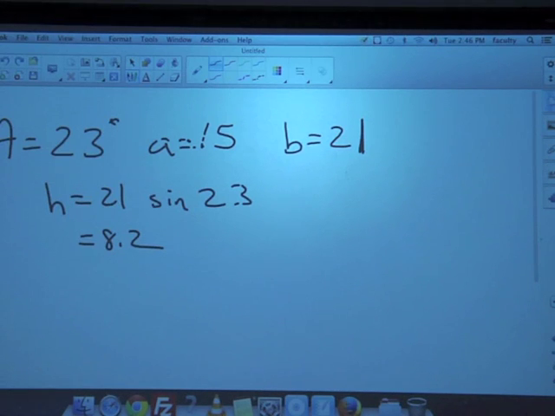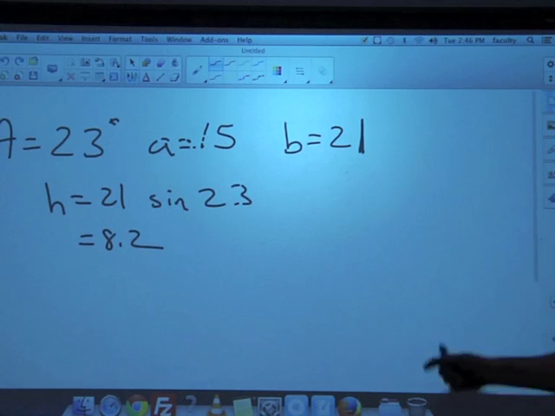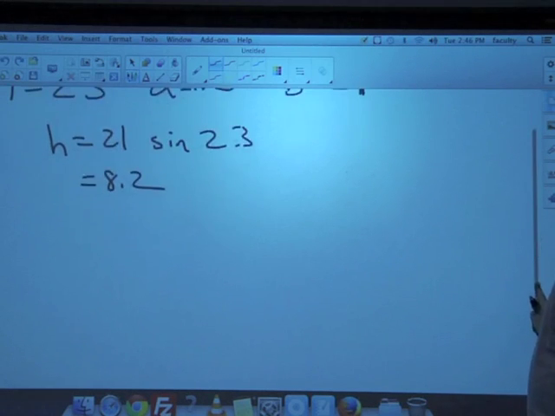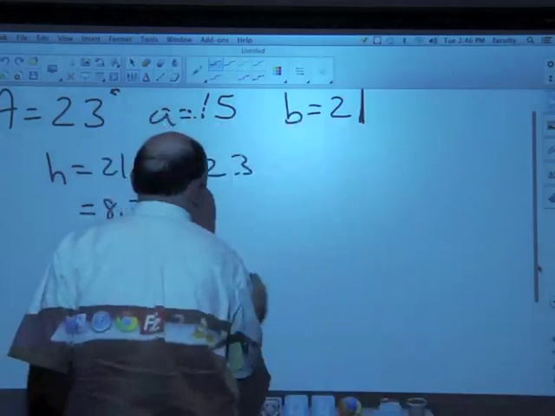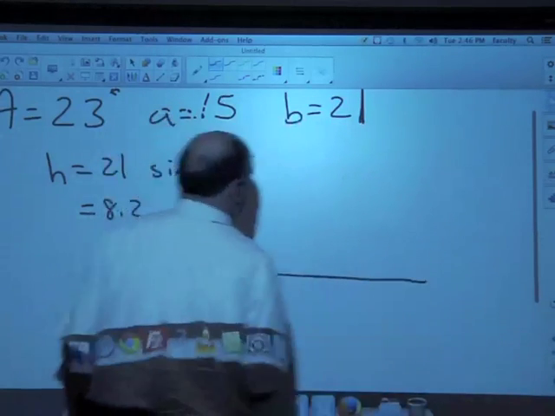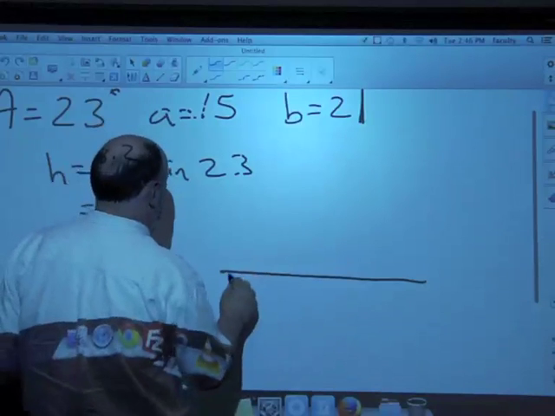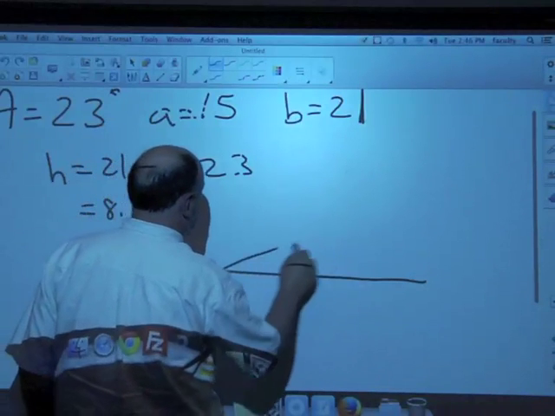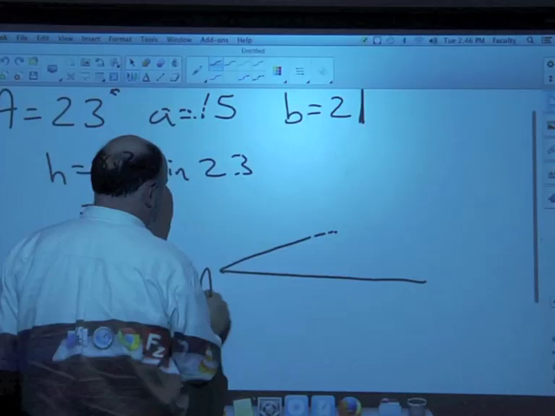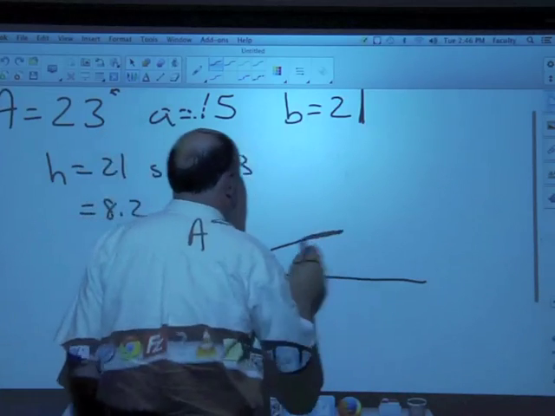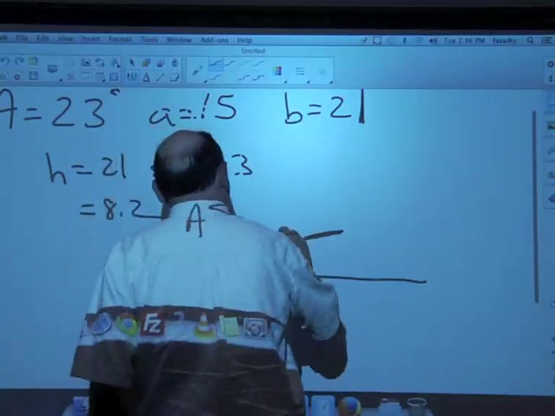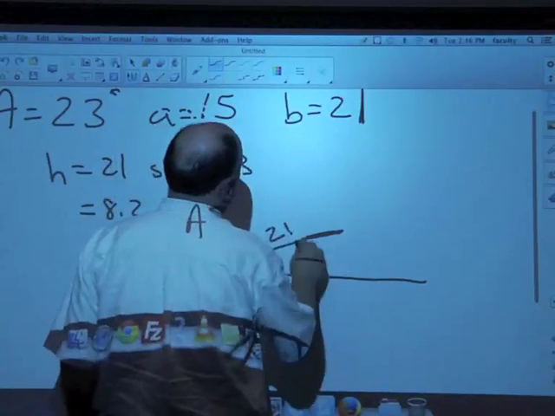All right. So now, what's happening here in terms of my triangles, and why do we end up with two? Let's draw this out. Here's the base, whatever that may be. Angle A is 23 degrees. So this is A. Right? B is 21, so that's that piece right there.